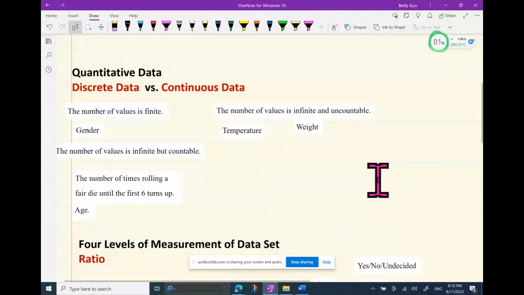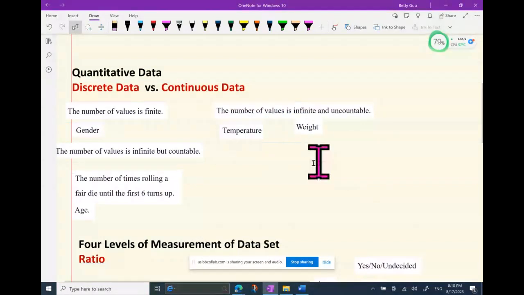Weight is continuous, right? If you want to lose 15 pounds, would you suddenly lose 15 pounds? It's not possible, it's gradual. So the variable of weight changes gradually, going through all the real numbers in a certain interval.